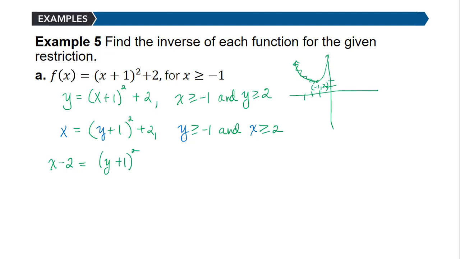And then we need to take the square root, but because we are ensuring that there is only one output value, we're just going to get the square root of x minus 2 is equal to y plus 1. Therefore, we get that the square root of x minus 2, then minus 1 is equal to y, provided y is greater than or equal to -1 and x is greater than or equal to 2.